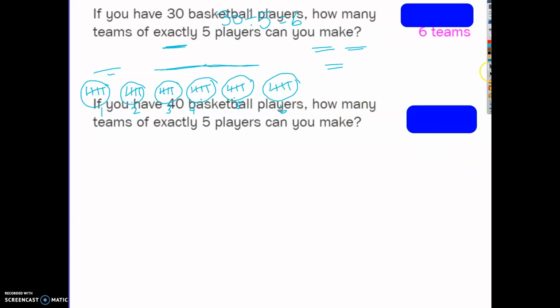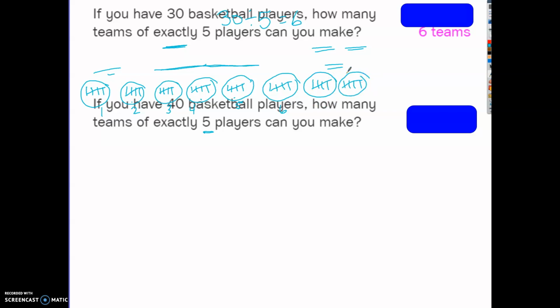All right, let's work on the second one that I know you saw the answer to. So now you have 40 basketball players. How many teams of exactly 5 can you make? I'm going to use the data that I already have. So this was 30. So 5 players on a team, another group of 5. 1, 2, 3, 4, 5. That's 35. 1, 2, 3, 4, 5.